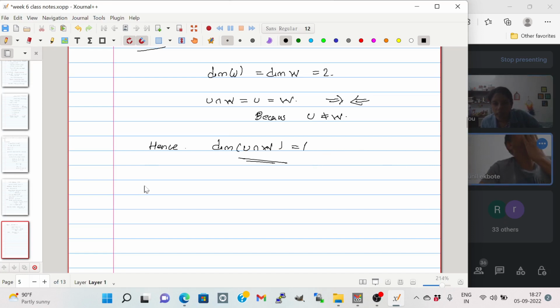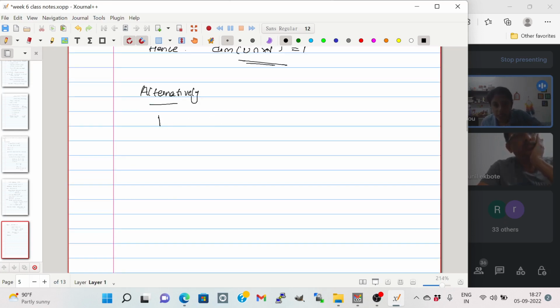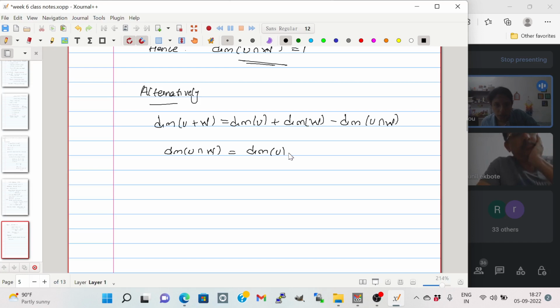Or I will do it in one more way, alternatively. Again, I will use the same theorem, that is dimension of U plus W equals dimension of U plus dimension of W minus dimension of U intersection W. We need to find dimension of U intersection W. This equals dimension of U plus dimension of W minus dimension of U plus W. So these first two values are known.